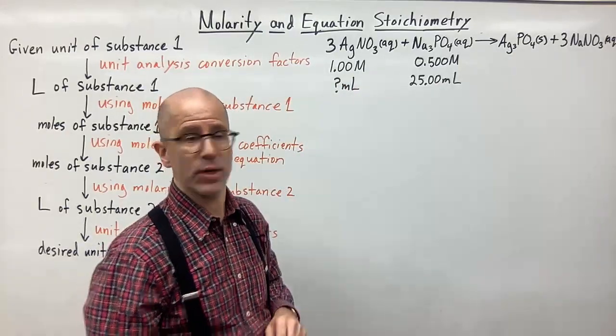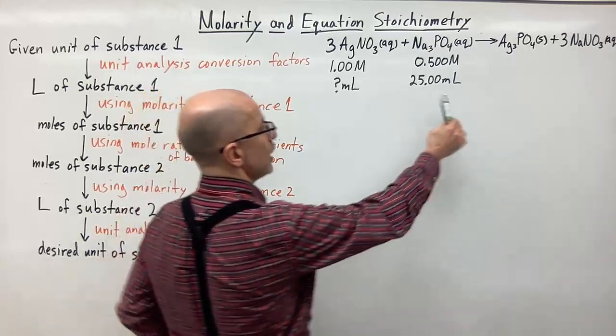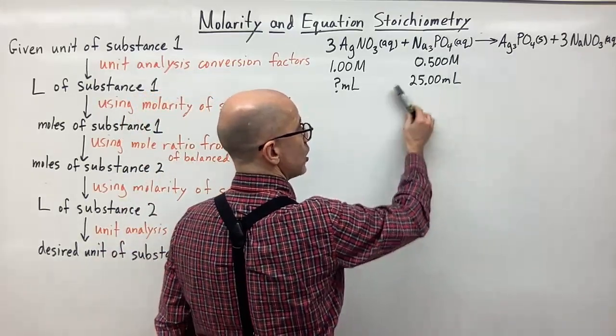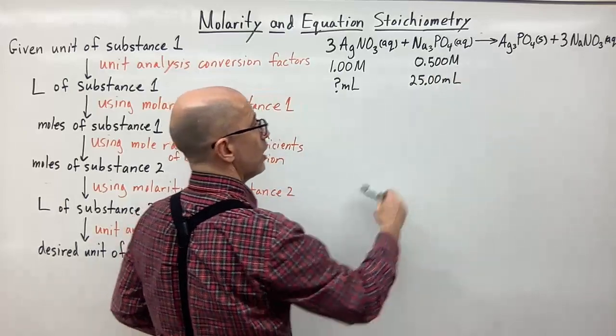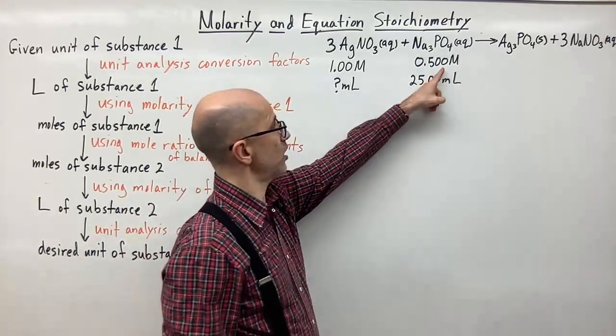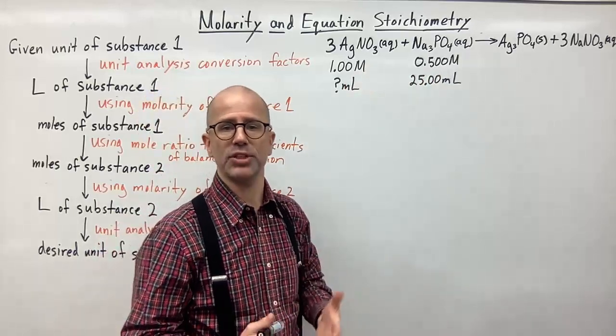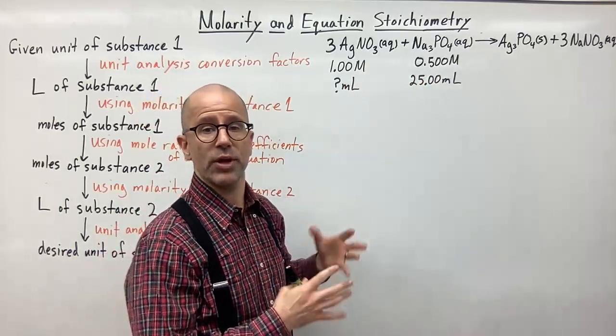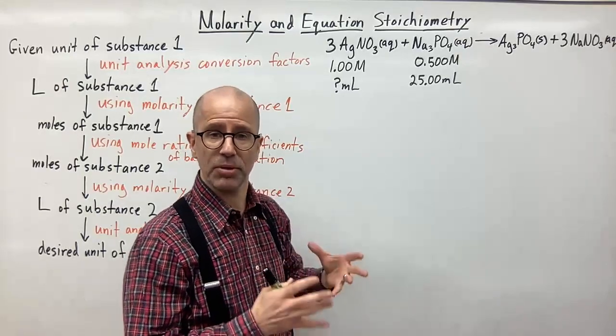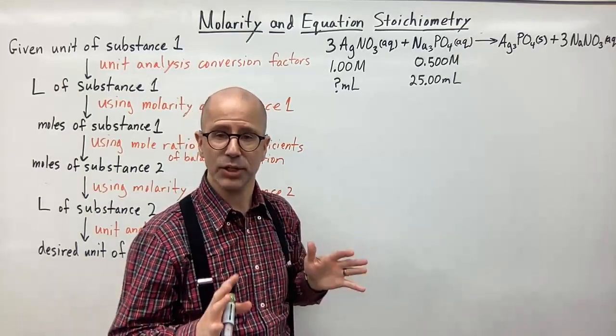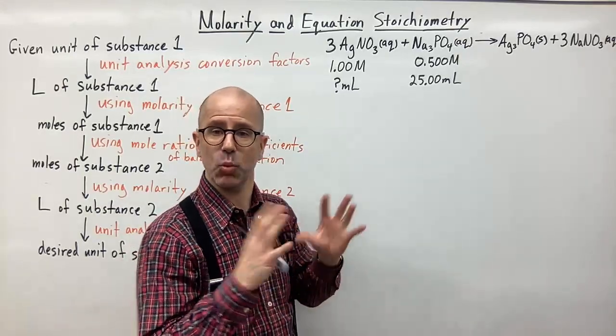So what you're going to do is convert. You've got to start with the given. This is our given volume of the substance. Now, we're not going to start with molarity. Molarity is a conversion factor, and you don't really start with a conversion factor. You start with something else that they give you, some piece of information that isn't a relationship. It's just one unit.